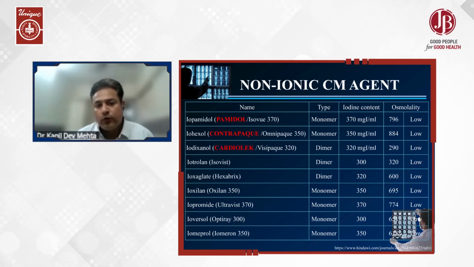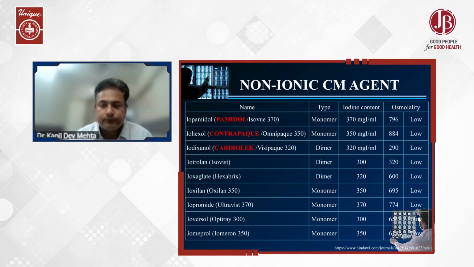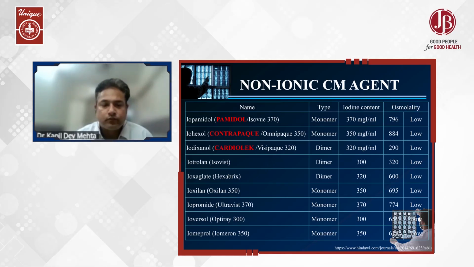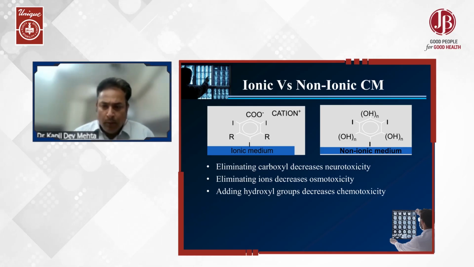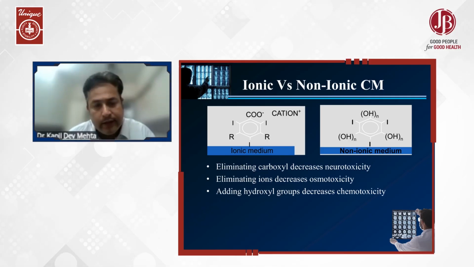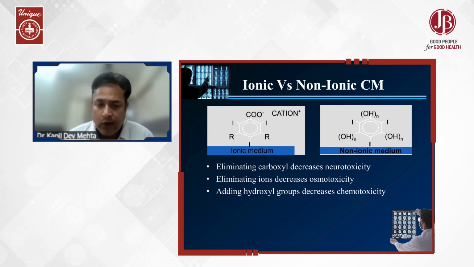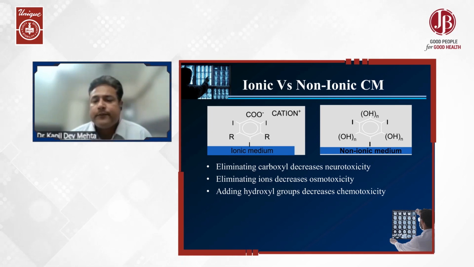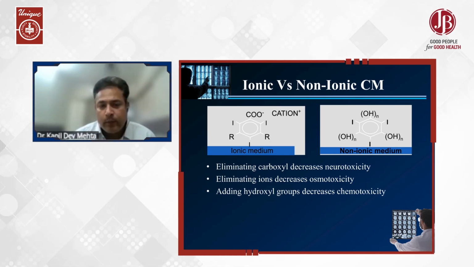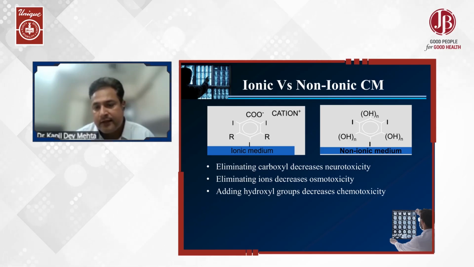Osmolality, as I told you, the monomers have high osmolality as compared to the dimers. I think I have touched on this earlier, but just to add some part to it, non-ionic ones are the very commonly preferred ones. Why? Because there is no carboxyl group. As we remove the carboxyl group, there is less chance of neurotoxicity.